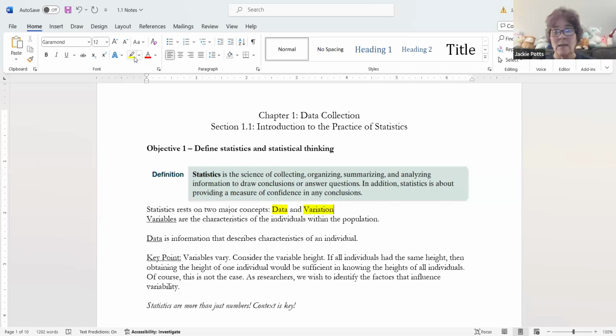Because if our data doesn't vary, we really can't run any statistics. So variables, which is our variations, are characteristics within a population. I'm pretty sure we all don't have brown eyes, brown hair, wear glasses. We all differ from each other. Each one of those characteristics is a variable.